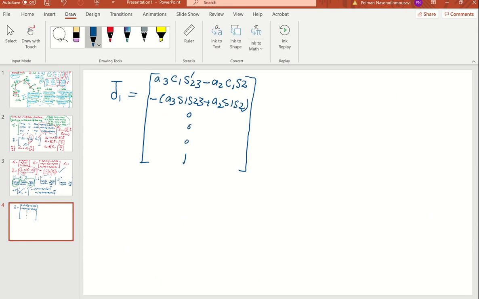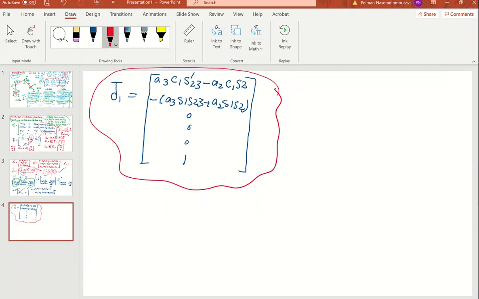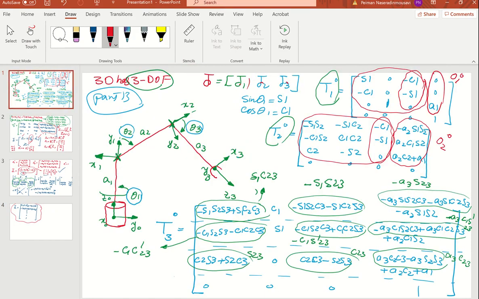So bingo, we found J1. J1 goes and sits inside here.